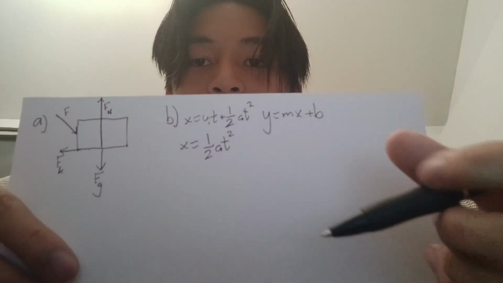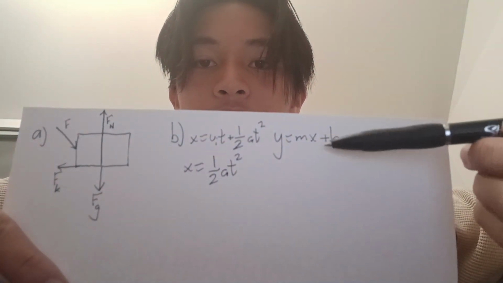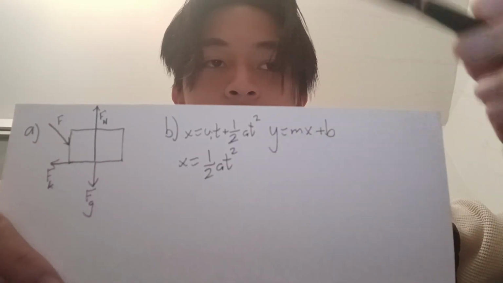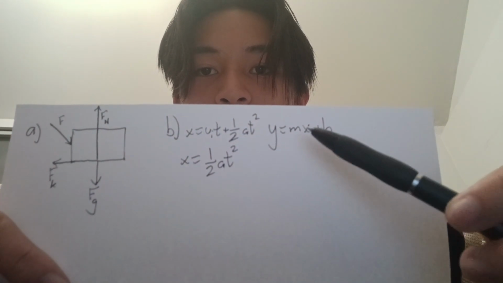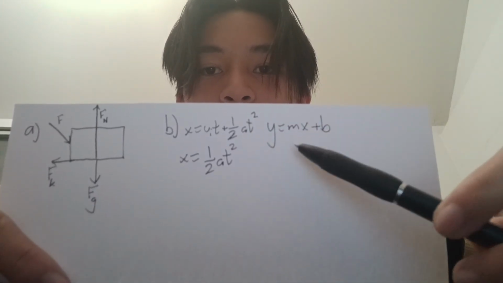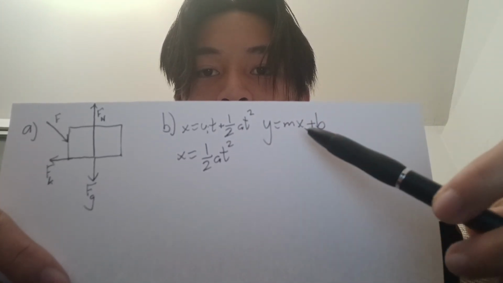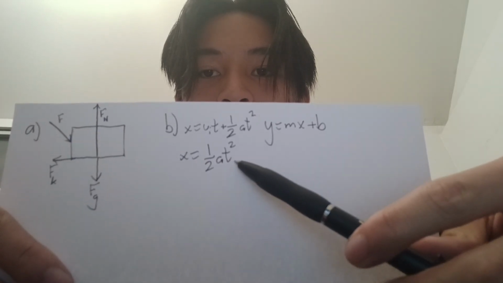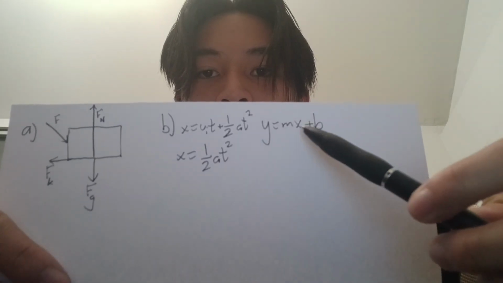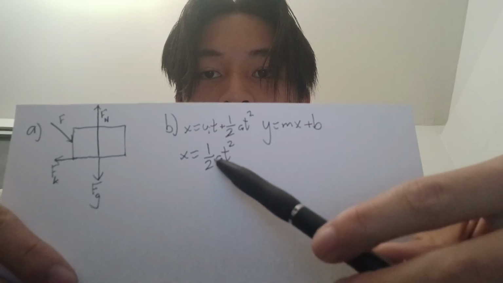And so what we need to do is turn this into this. To do that, we need to know what our variable is and what our slope is, right? So the variable, x, would be equivalent to t squared in this equation, and the slope m would be 1/2 a.